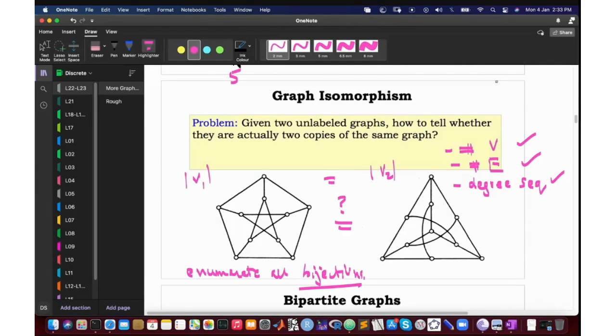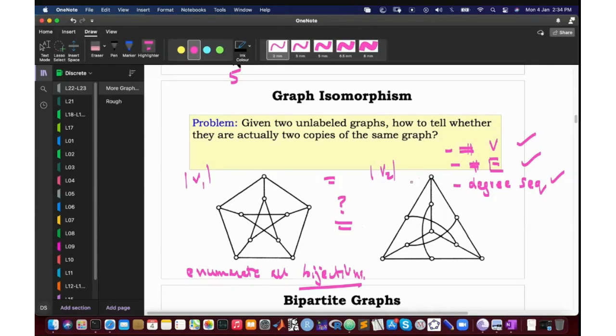There are two sets of complexity classes that we use in computer science: things that can be solved in polynomial time and things that are known to be not solvable in polynomial time. Graph isomorphism is one of those unique problems where we don't yet know whether we can solve it in polynomial time or not.